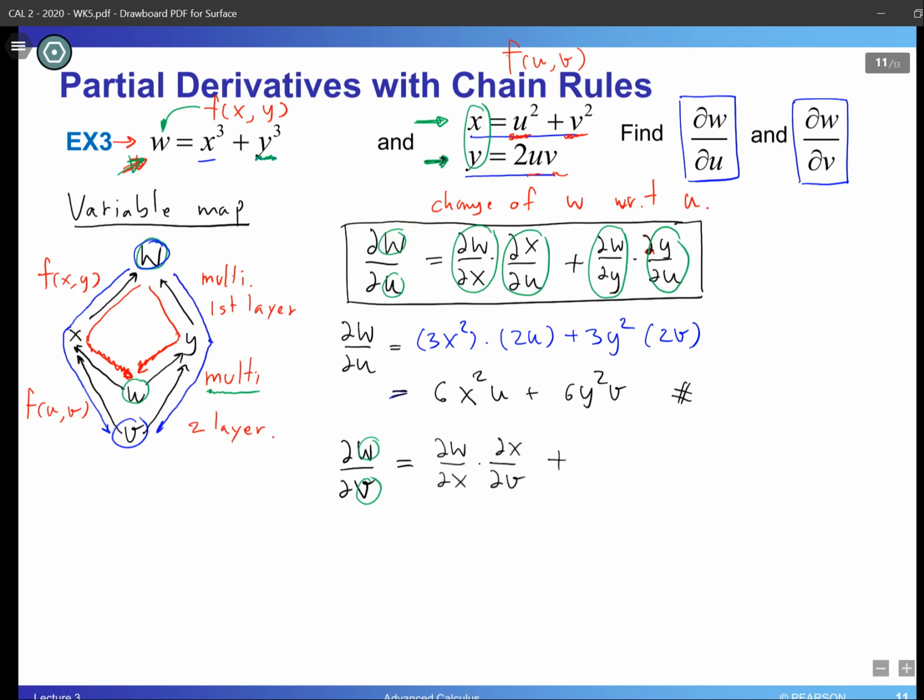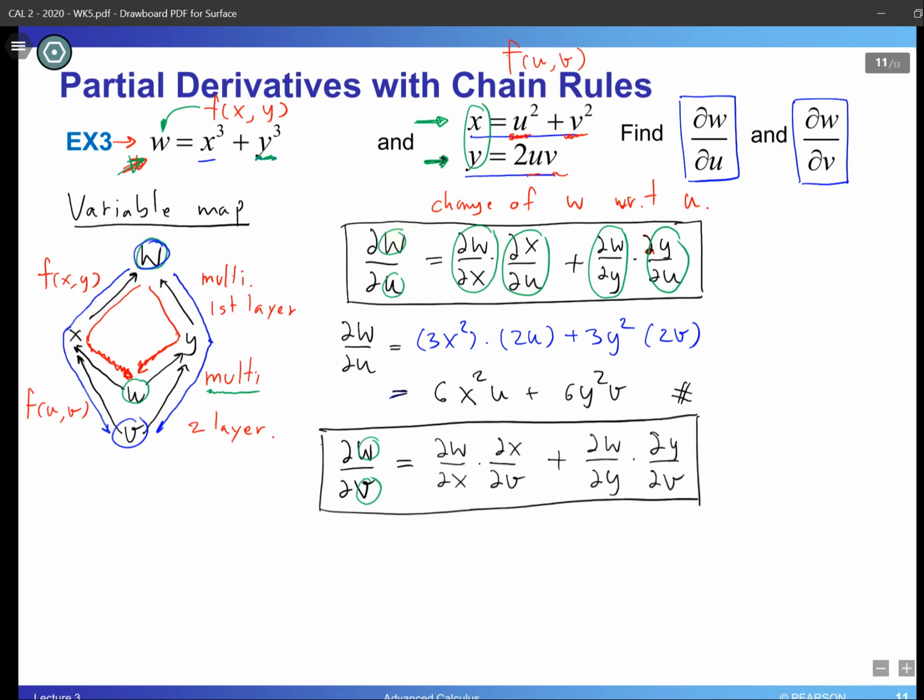So here we have dw with respect to y first, and then dy with respect to v at the end. And there you go, we have the formula for the second derivative. Now we are going to use this to find the value.